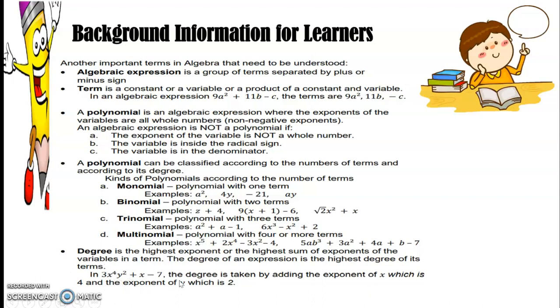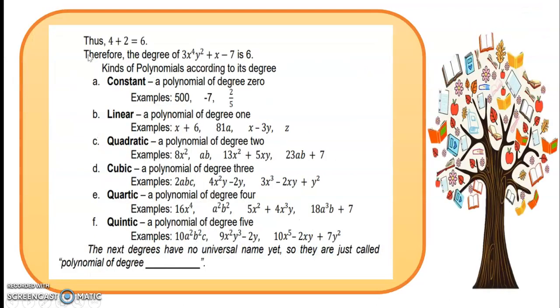So, we add it. Okay, so therefore, 4 plus 2 is 6. So, the degree for 3x to the 4th y squared plus x minus 7 is 6.